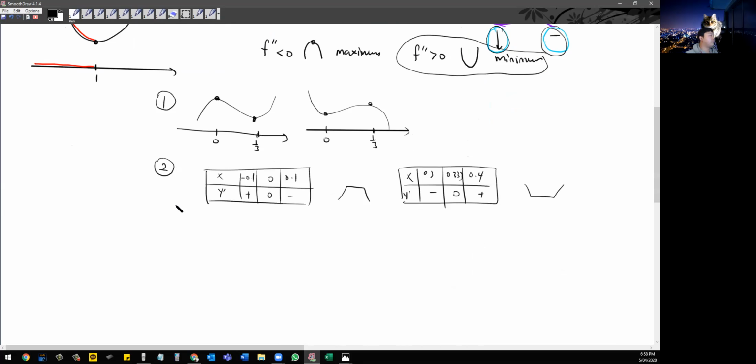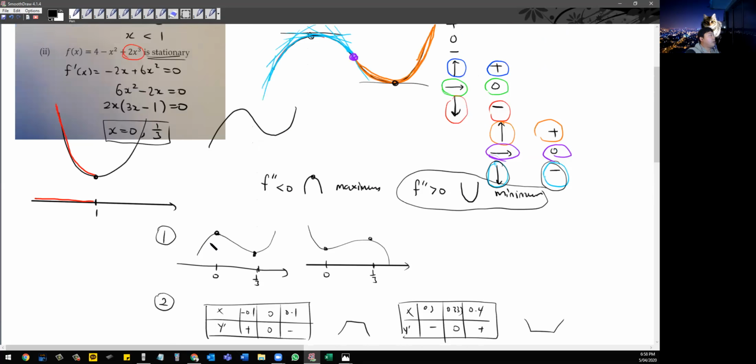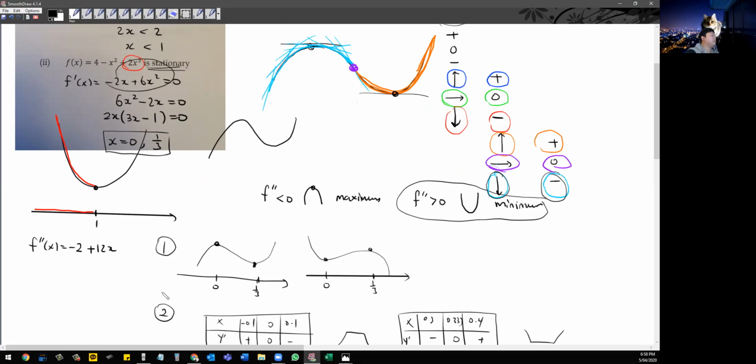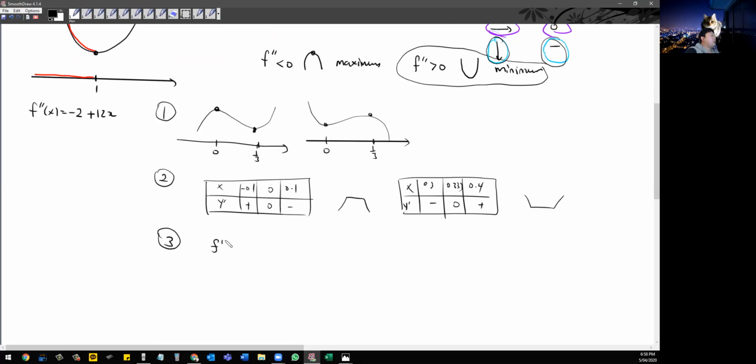So a third method, of course, is the double derivative. I think that's the way they're expecting us to do it. They're asking us to use the double derivative as well. If you take the double derivative here, that's negative 2 plus 12x. Just plug in the points. Plug in 0, then you get negative 2, therefore maximum.